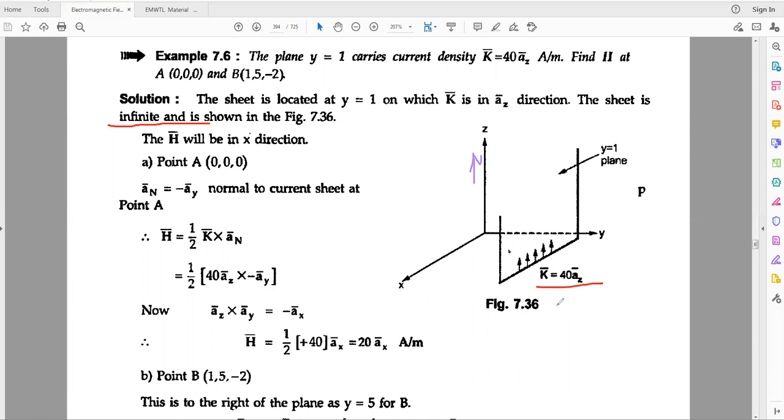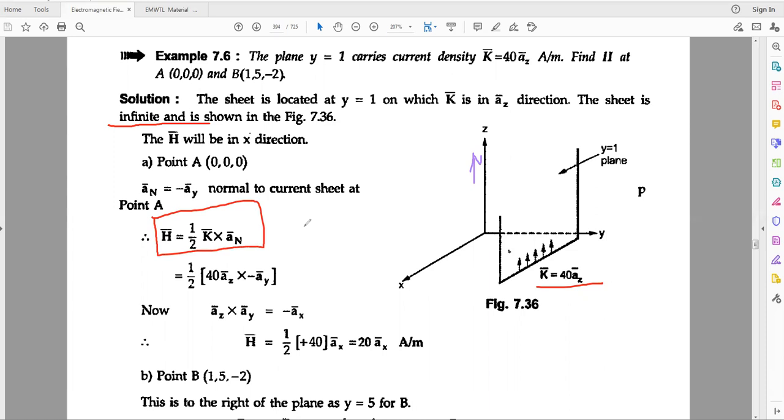Okay. The direction of K bar is Z and H bar is in the x direction. A plane is in the y direction, at the y is equal to 1 plane. So A n bar is equal to minus A y bar about the current to the point A. You know, this is a formula for the infinite sheet of current.